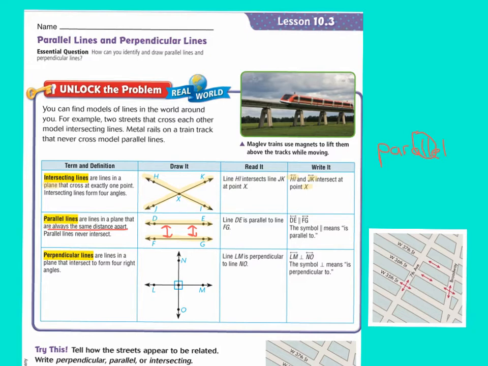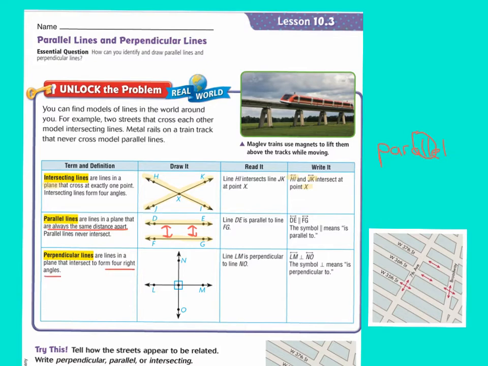Lastly, in our vocabulary terms, we have perpendicular lines. They are lines in a plane that intersect to form four right angles. So really important here that not only are they intersecting, but when they intersect, it's not just any angle they create, but they form four right angles.